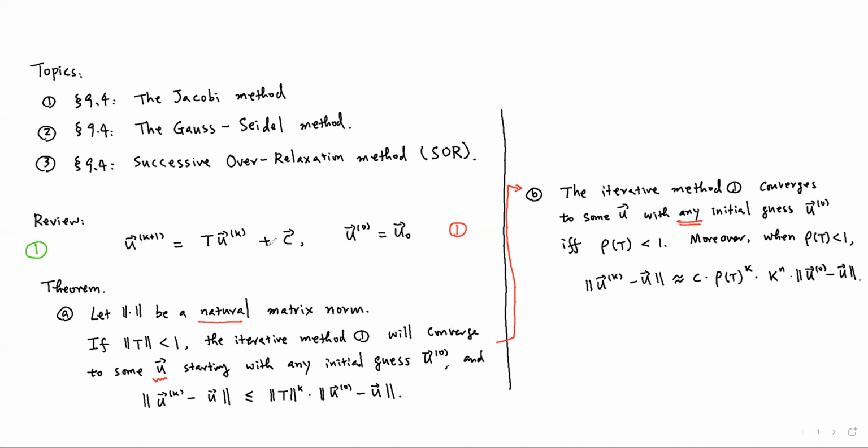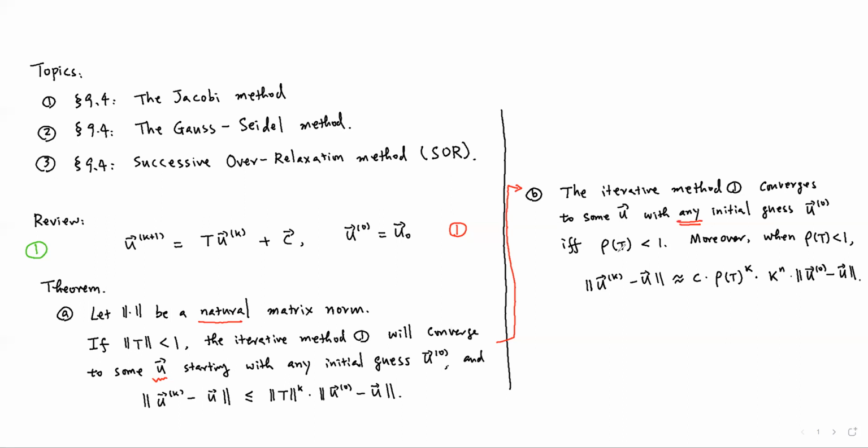This method converges if and only if the spectral radius of the iteration matrix T is less than 1. The spectral radius is computed by taking all the eigenvalues of T, taking the absolute value of each eigenvalue, then taking the maximum.